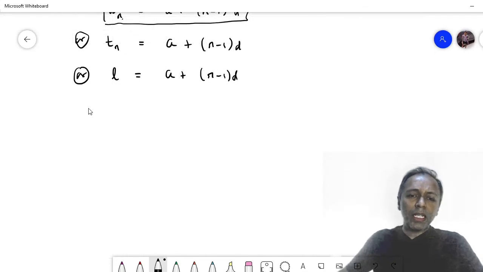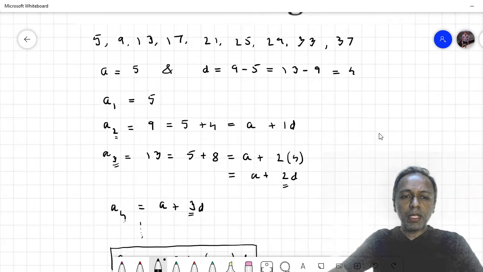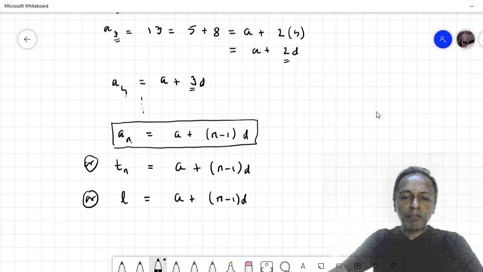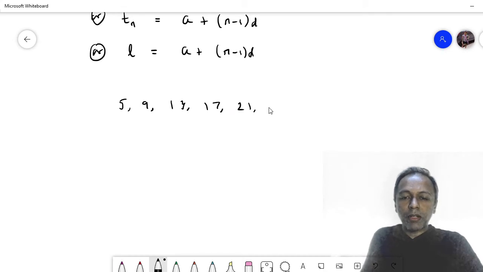Let us now reconsider the given AP, which was beginning with 5 and then 9. Let us rewrite a few elements of that: 5, 9, 13, 17, 21 and say 25. Okay, let's write only 6 elements.